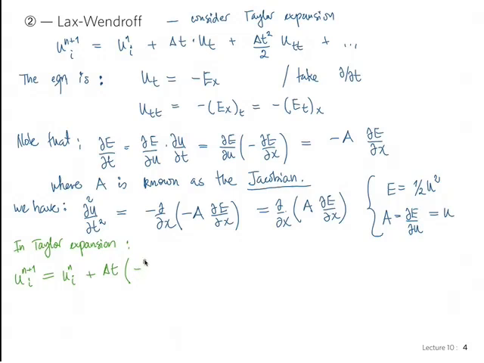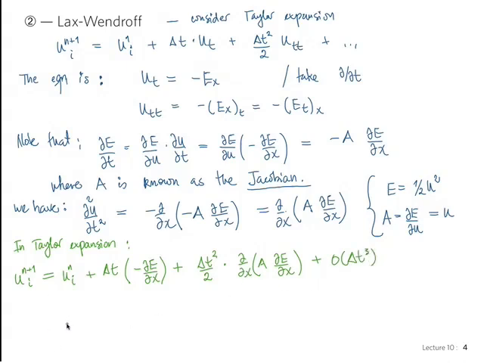Let me write it all with the partials. Minus dE dx using the model equation plus delta t squared over 2. And here again we can use what we just obtained, which was d dx of A dE dx, and plus our higher order terms, which in this case are order delta t cubed.